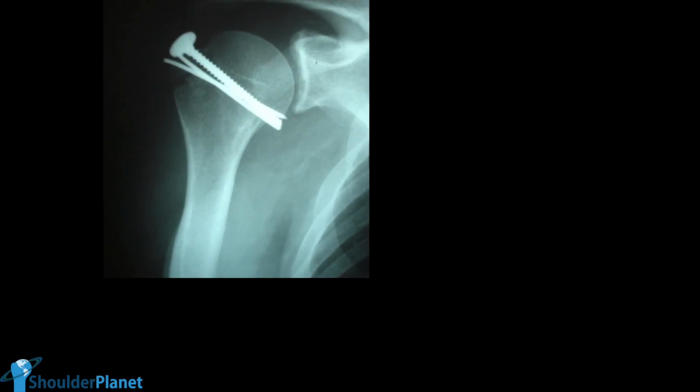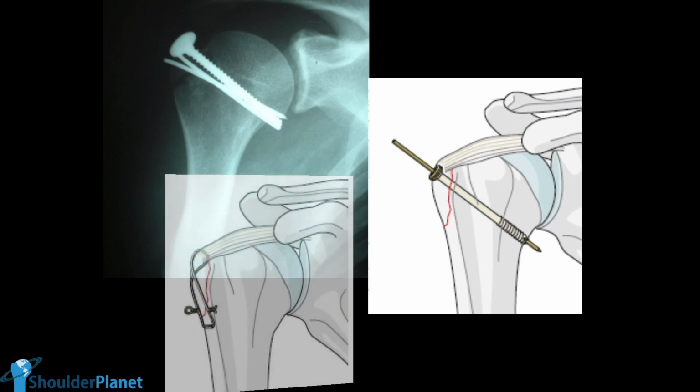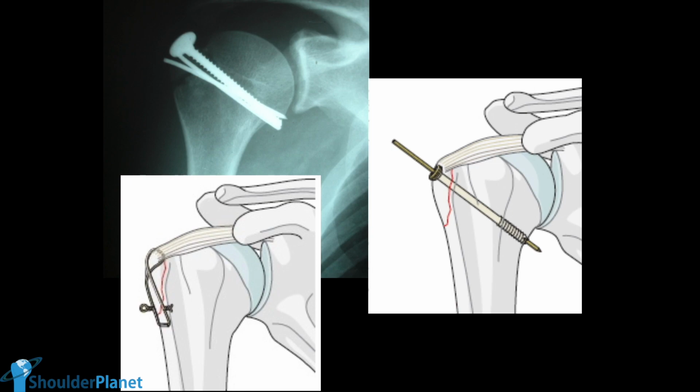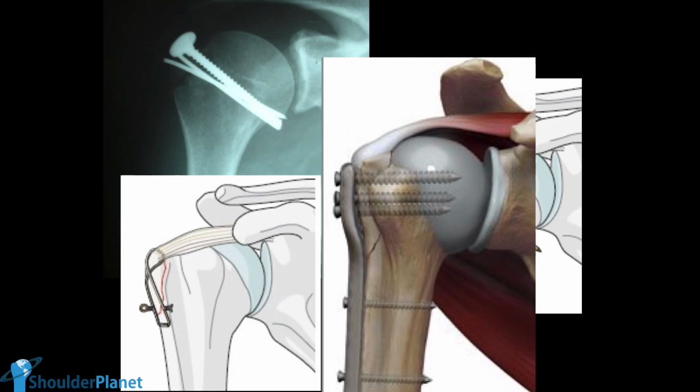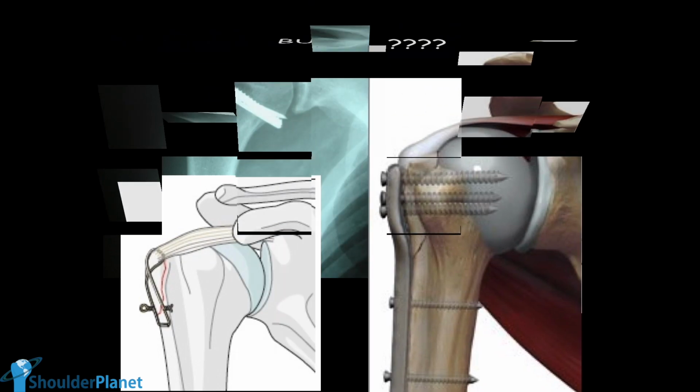So here we are seeing some examples: a screw with a washer, even with some K-wires, an AO drawing of a cannulated screw, here a tension band wire, another drawing from AO books, and even plates once someone finds it necessary.